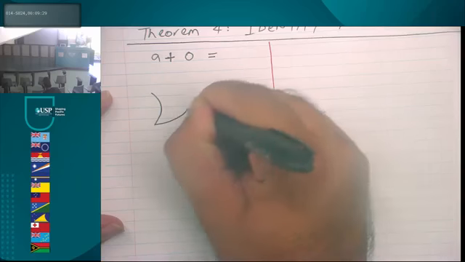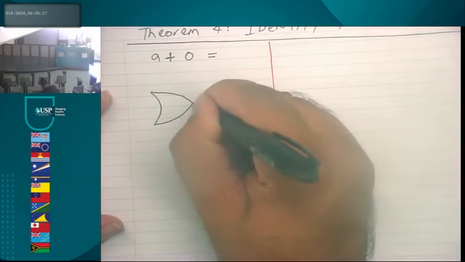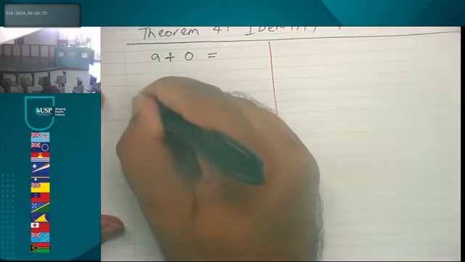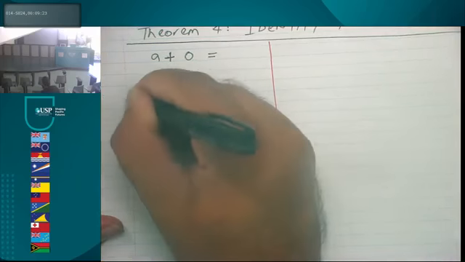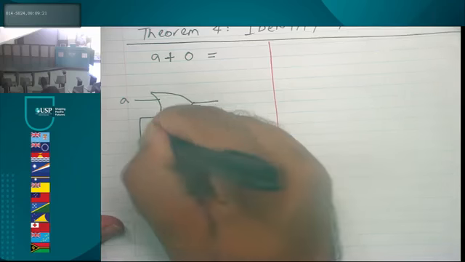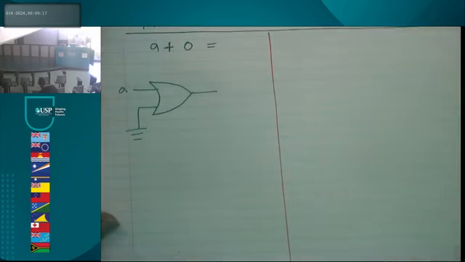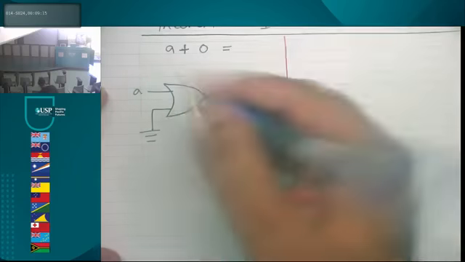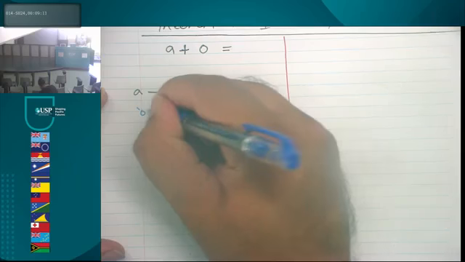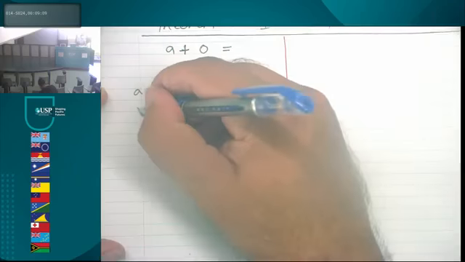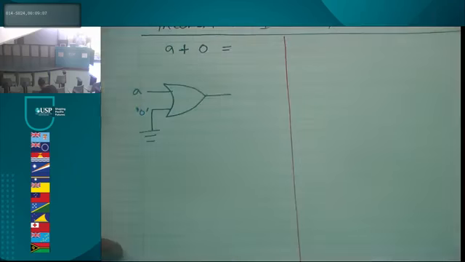How do we actually see this? You have your input A, and your other input is tied to ground. Do you see that? Your second input is tied to ground, and the assumption there is that that is logic 0, right?